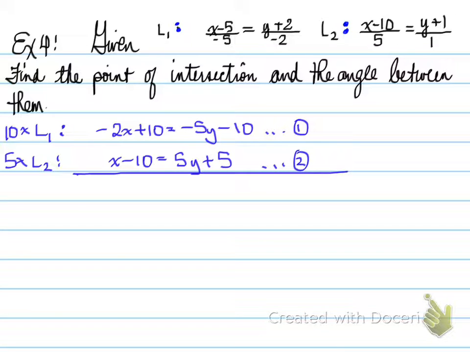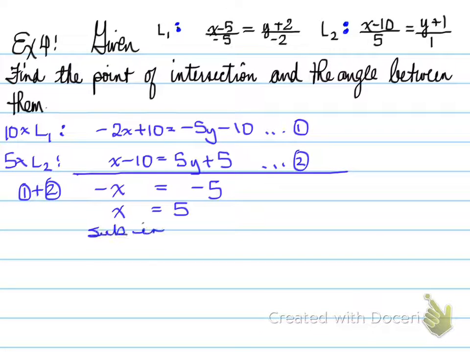We can now set equations 1 and 2, and we can add 1 and 2 together so that we get just the x value. So when I add, I'm going to add negative 2x plus x, and that gives us negative x. Adding this, that gives us 0. Adding this, that gives us 0. And adding this, that gives us negative 5. So we have negative x equals negative 5, x equals 5.